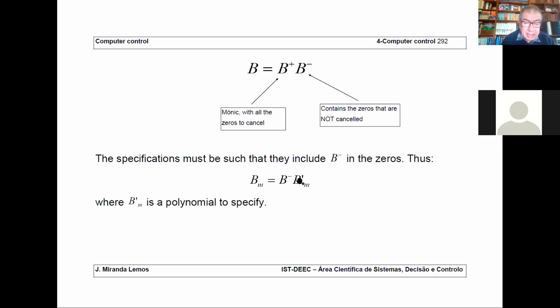That can be a constant. But what is essential is that if you don't want to cancel a zero, the corresponding factor must be in the Bm. When you do the specification, you are not entirely free to do the specification. You must do this choice.